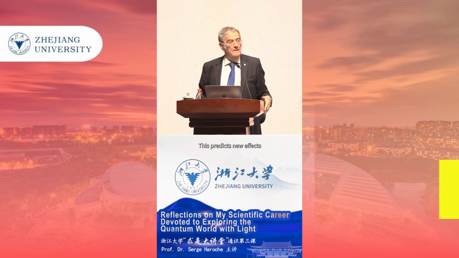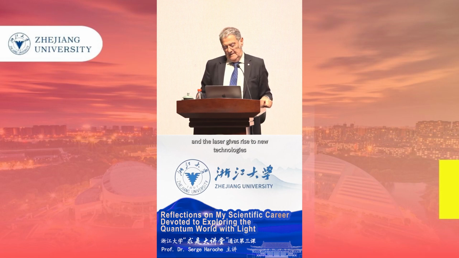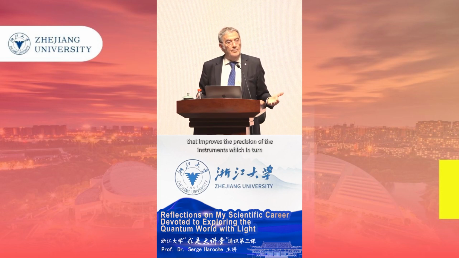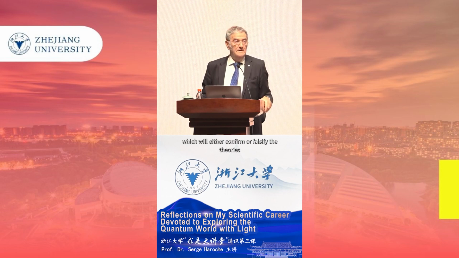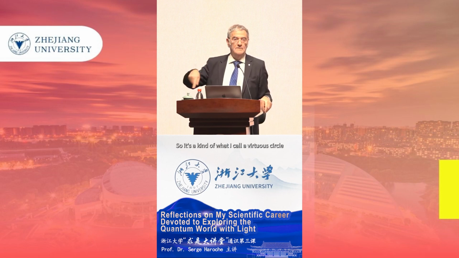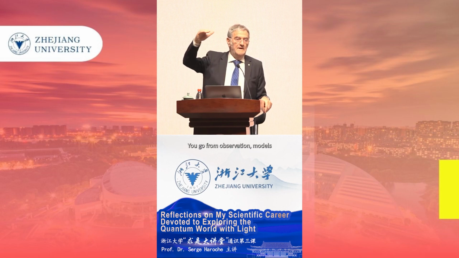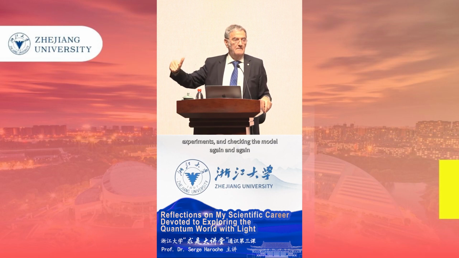This predicts new effects, like the laser, for instance, and the laser gives rise to new technologies that improve the precision of the instruments, which in turn allow us to make more precise observations, which will either confirm or falsify the theories. So it's what I call a virtuous circle. You go from observation, models, experiments, and checking the model again and again.